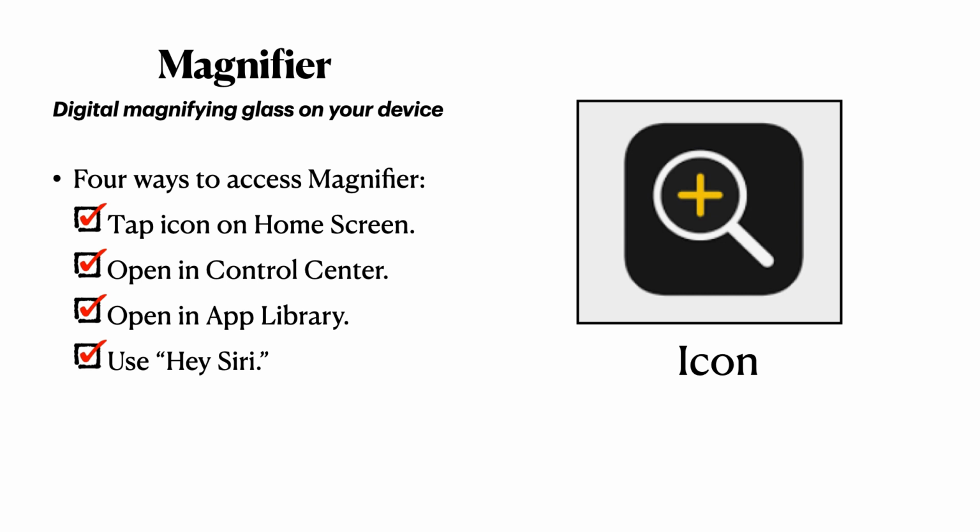Second, you can open your control center, and I'll show you how to do that, and you'll find it there. You can find it also in the app library, and if you don't know where your app library is, I'll show you that. And finally, you can use the command Hey Siri. So let's look at them in a little bit more detail.